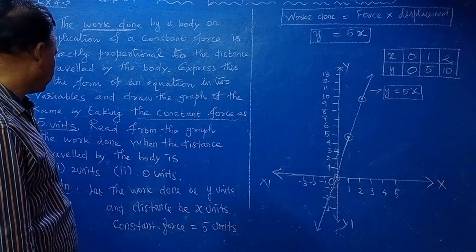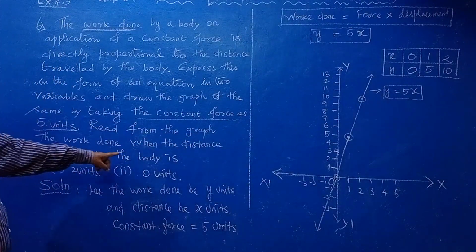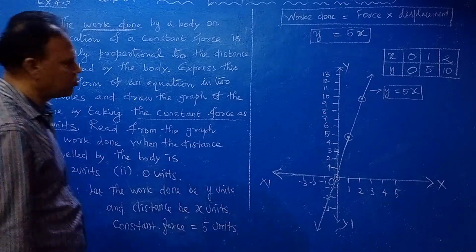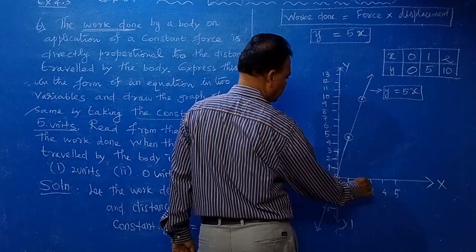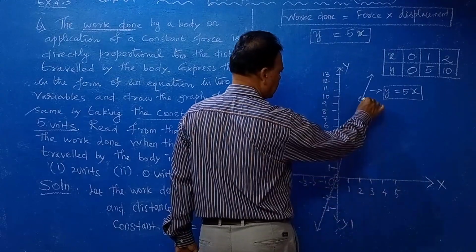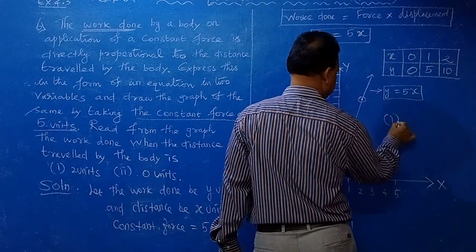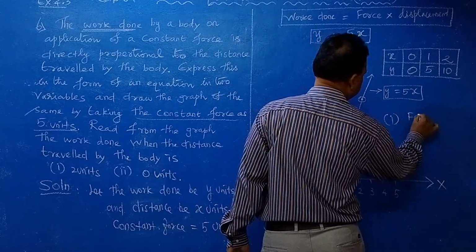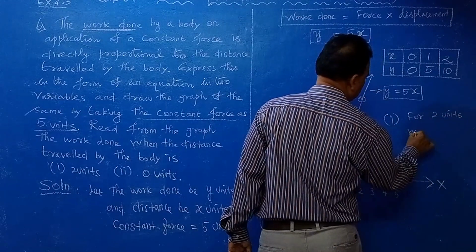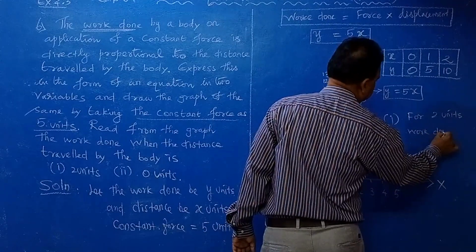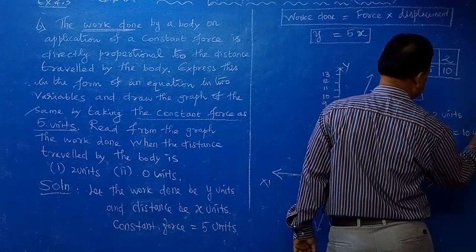Now to read from the graph, find out the work done when the distance traveled by the body is 2 units. What is the work done for 2 units? 10. Work done is 10. So you write, for 2 units, work done equals 10 units.